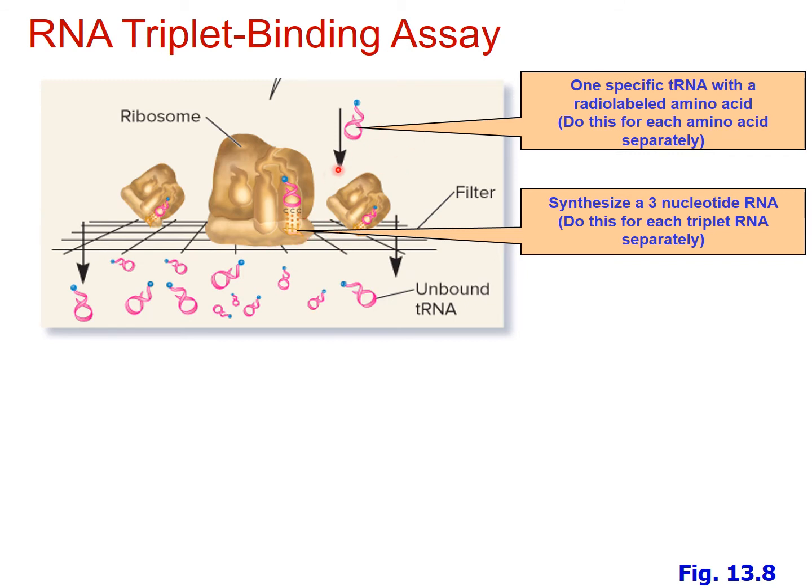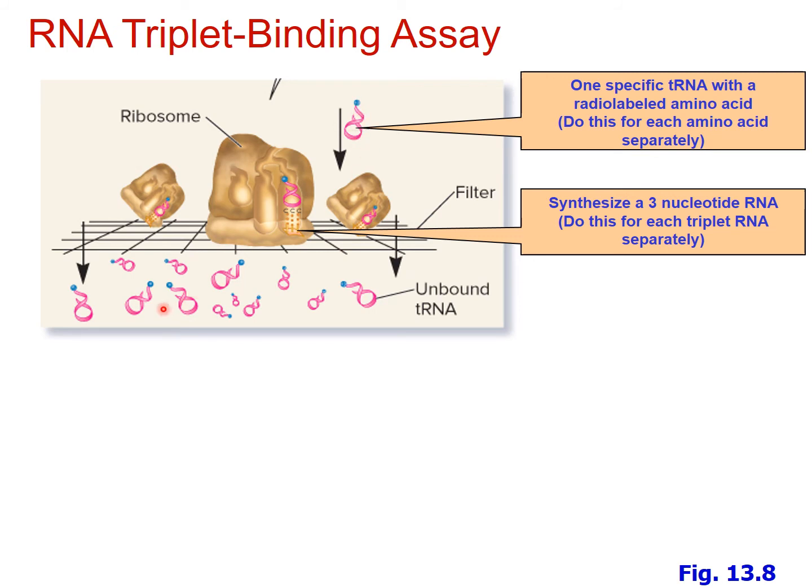The idea is that if this short RNA can actually interact with the ribosome, the transfer RNA can interact with that RNA. And if it does, it will be retained by this whole complex of the ribosome, the transfer RNA, and the tiny messenger RNA triplet, and that will be retained on the filter.